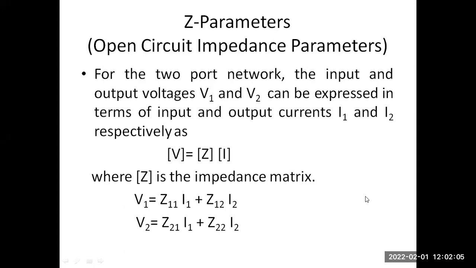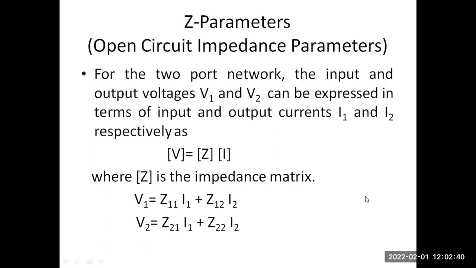Now the Z parameter: for the two-port network, the input and output voltages V1 and V2 can be expressed in terms of the input and output currents I1 and I2 respectively. So V will be equal to Z into I. V is the voltage matrix, equal to the impedance matrix into the current.